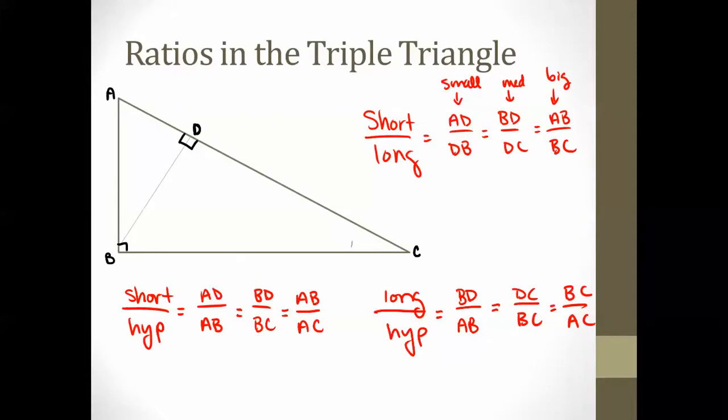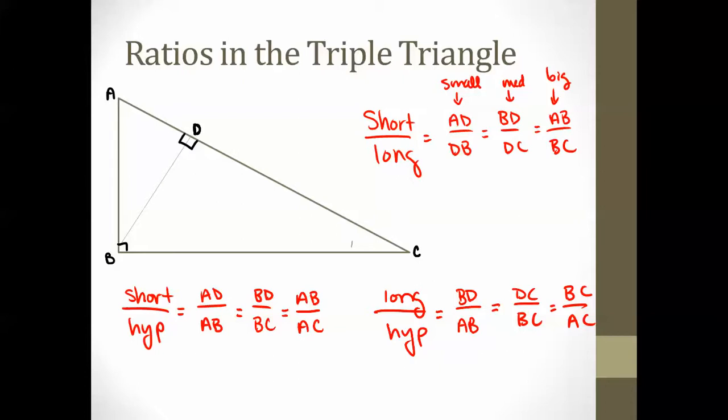So let's talk about ratios and what I like to call the triple triangle. Whenever you have an altitude of a large right triangle, it separates, or it breaks that triangle into 3 triangles. The original one, a small one, and a medium one. There are 3 different ratios to think about.